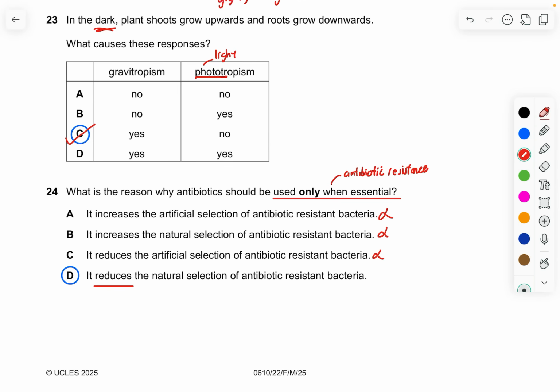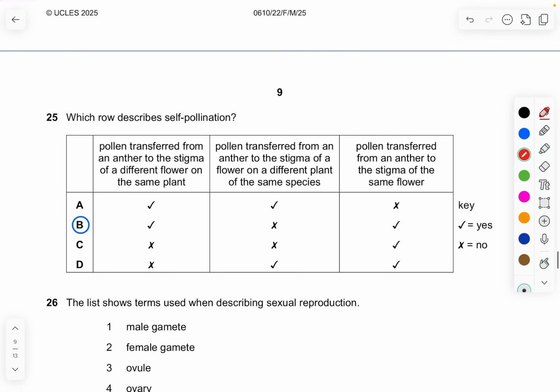So the whole point of using it only when essential is to reduce natural selection. With natural selection, the bacteria compete, and whoever becomes the strongest will win, colonize, and worsen the current infection.